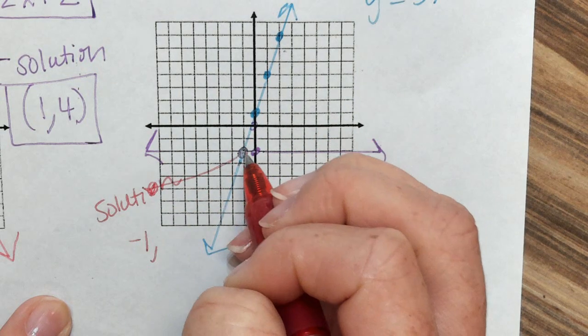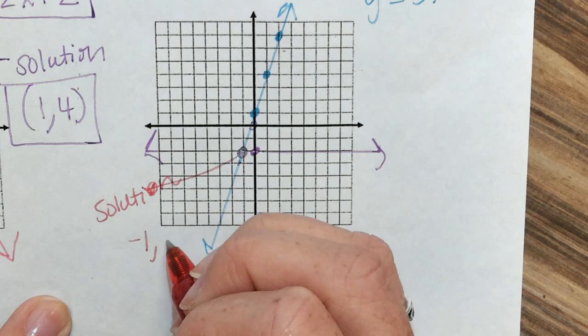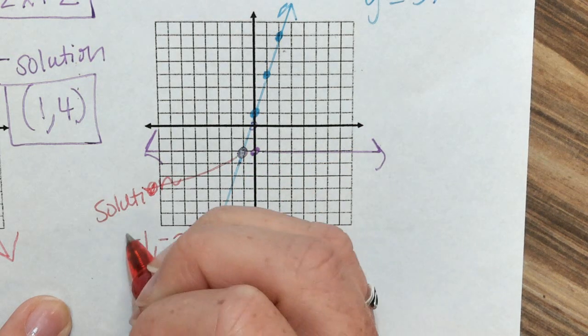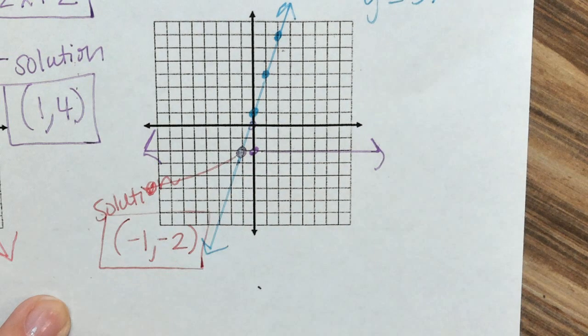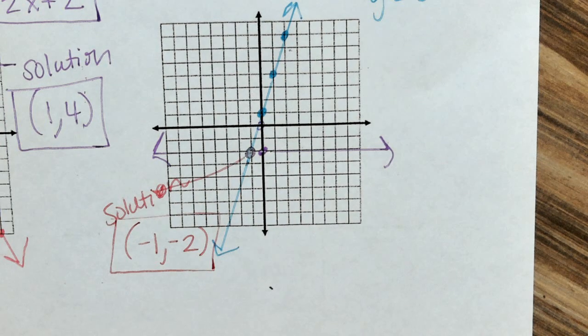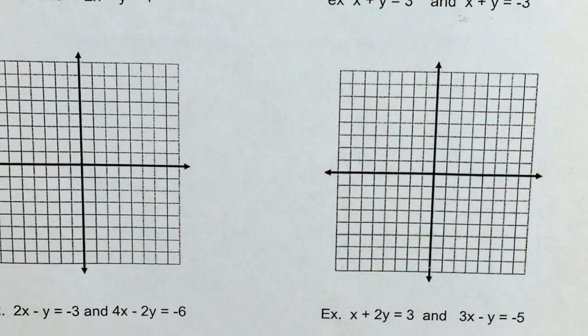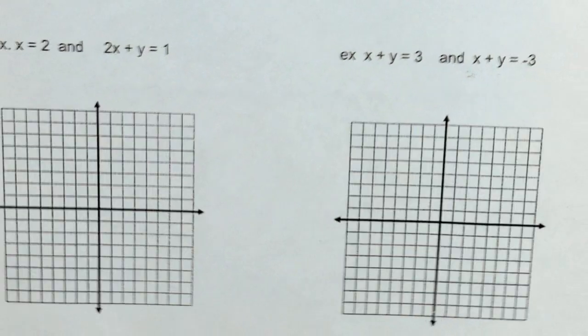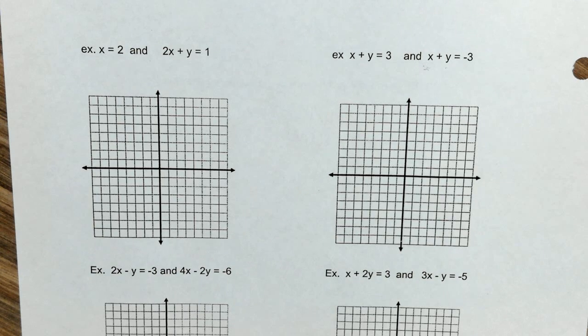Where am I at on the y-axis? -2. What do y'all think? Easy? As long as you can graph two lines and find where they intersect, graphing it is easy.